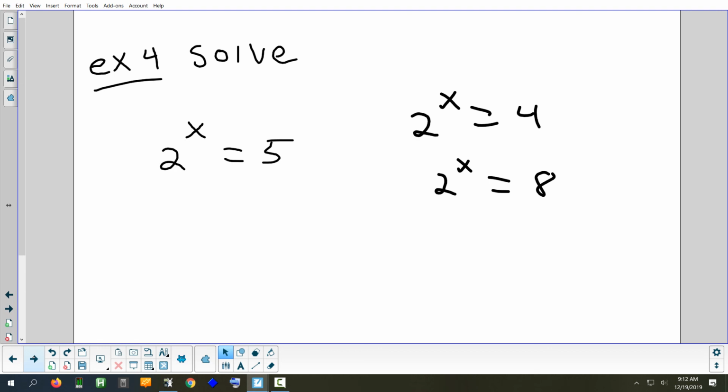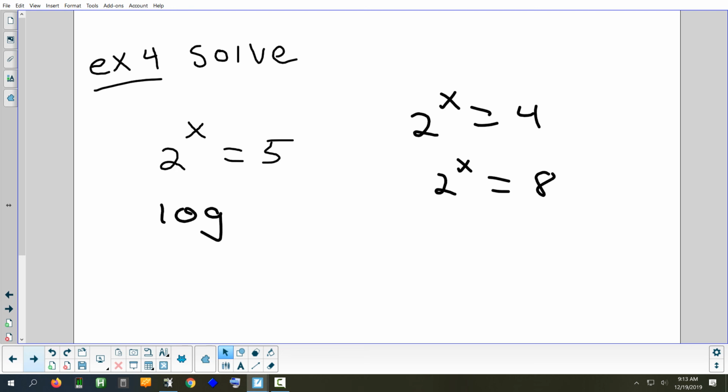You could, but if you do that, then you would have something like this. That's what would happen if you took the square root of both sides. We don't want to do that. But at least you try. Give it a shot. If this exponent was a 2, and you had a variable like this, then yes, you would take a square root of both sides. But in this case, it's flipped. 2 is in the base. So something else we could try. Yep. Change to log. See what happens.